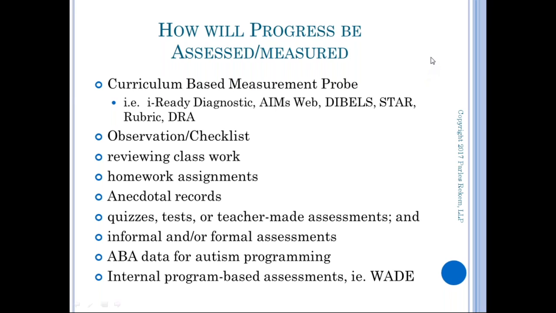There are requirements that the behaviorists watch the person who's taking the data to make sure they're taking the data accurately. It's a very, very important process, because without the progress monitoring, you can't know whether or not the goals are being met, or whether things should be changed. Next slide.